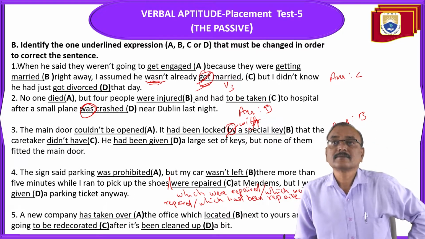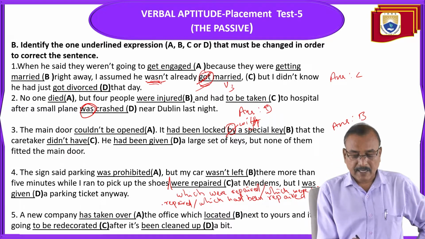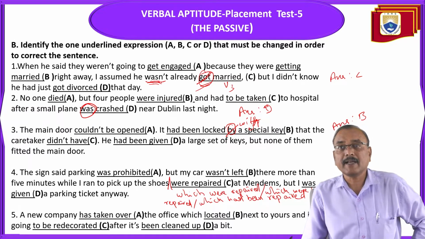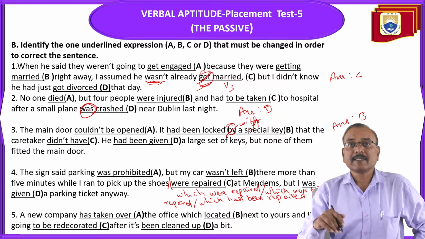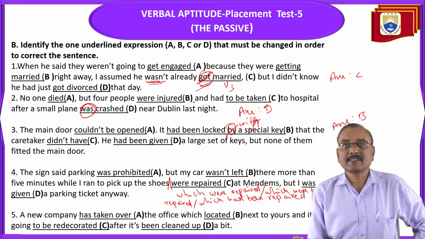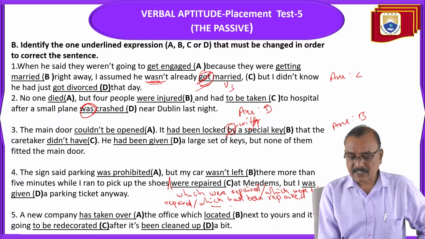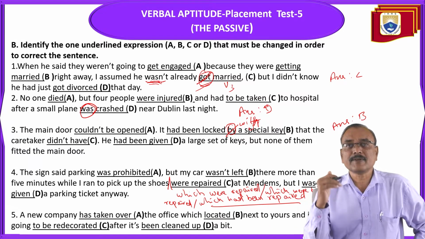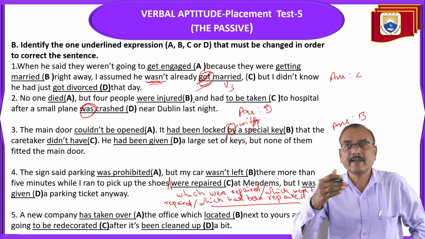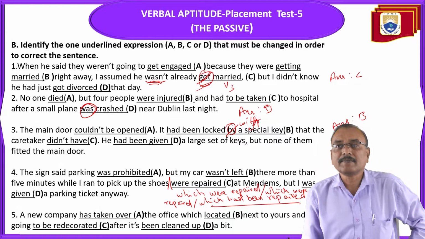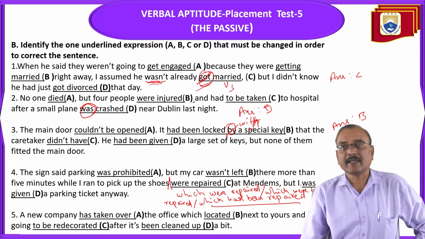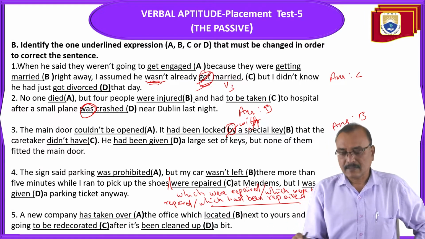You can use any of these. Is it clear? Which had been repaired means by the time you ran to pick up the shoes, they had already been repaired. So you can choose this one in that context. But at that moment, when you ran to pick up the shoes, if they were under repair, you can say which were being repaired. Or simply you can say which were repaired, all in past only. So better use this one. Right?